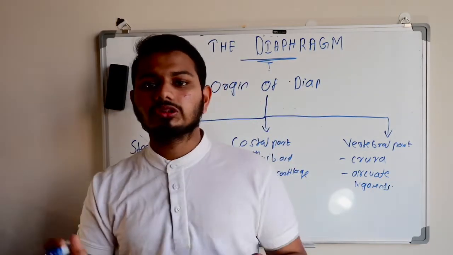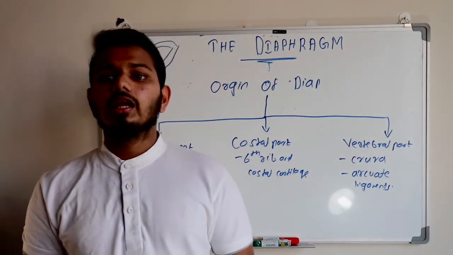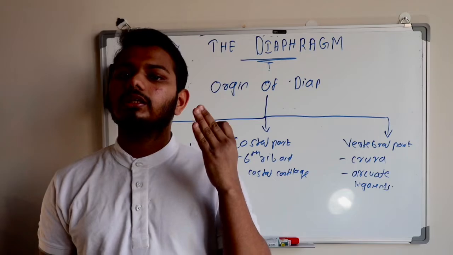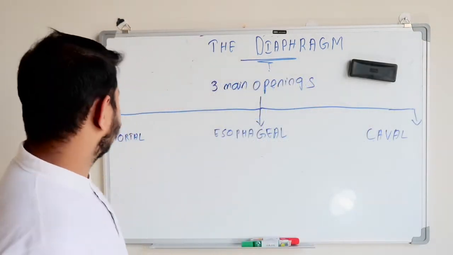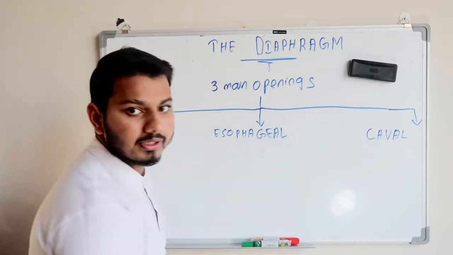The next most important parts in the diaphragm are the openings of the diaphragm. There are mainly three major openings: aortal opening, esophageal opening and caval opening.